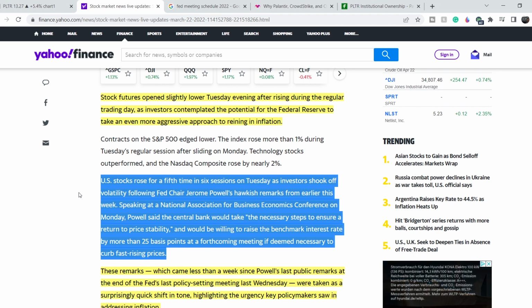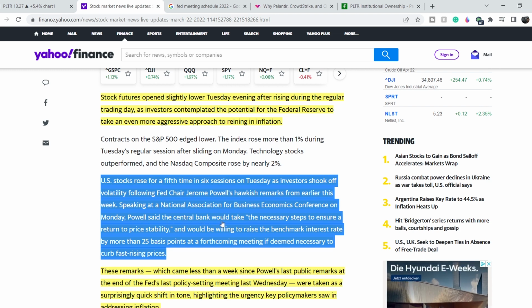Speaking at a National Association for Business Economics conference on Monday, Powell said the central bank would take the necessary steps to ensure a return to price stability, and would be willing to raise the benchmark interest rate by more than 25 basis points at the forthcoming meeting if deemed necessary to curb fast rising prices.